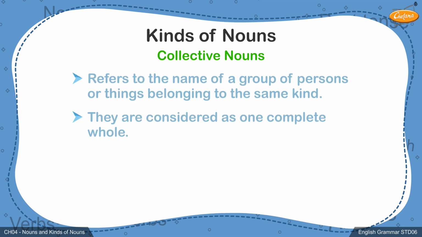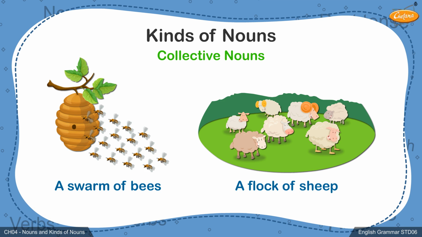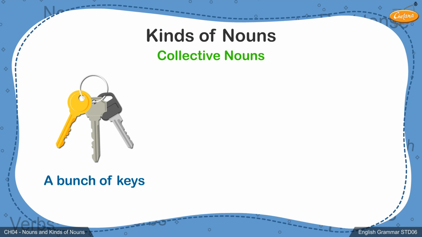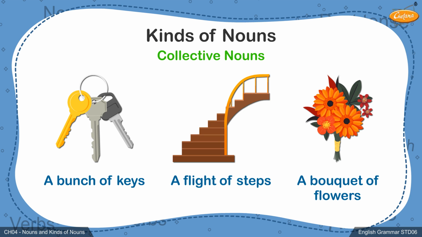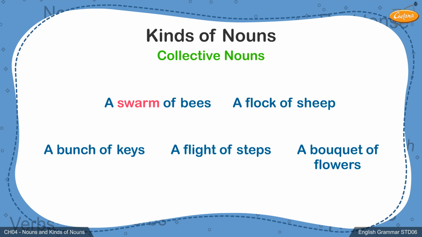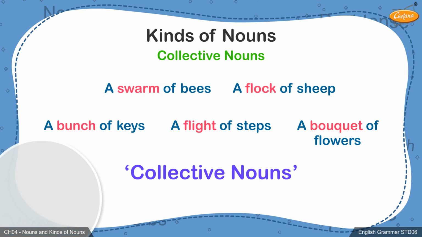For example, a swarm of bees, a flock of sheep, a bunch of keys, a flight of steps, a bouquet of flowers. All these words, swarm, flock, bunch, flight, and bouquet, refer to a collection of different nouns such as bees, sheep, keys, step, and flowers. Hence, all of these terms are called collective nouns.